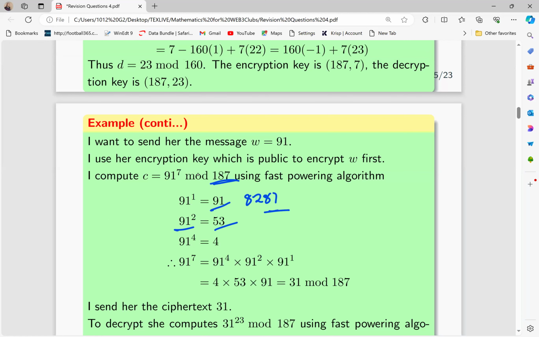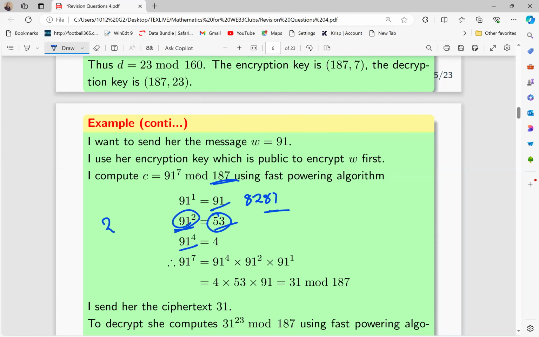Now to move from this step to the next step, this one squared gives you 91 raised to 4. Now square this one and see what you get. 53 times 53 gives you 2809. Divide this by our divisor, 187.